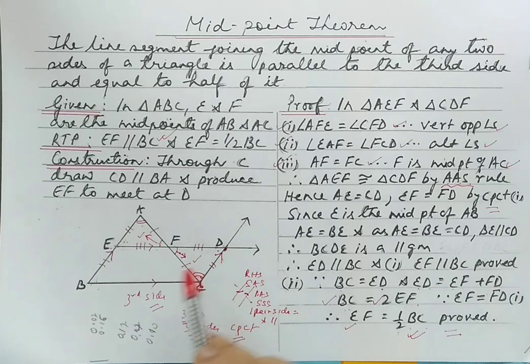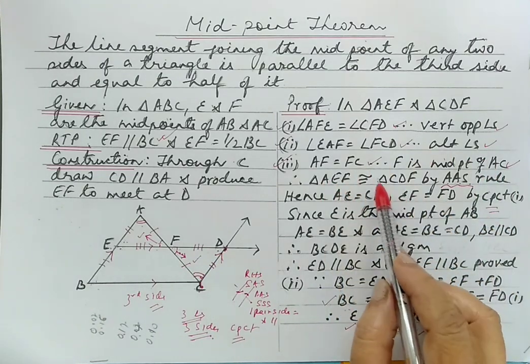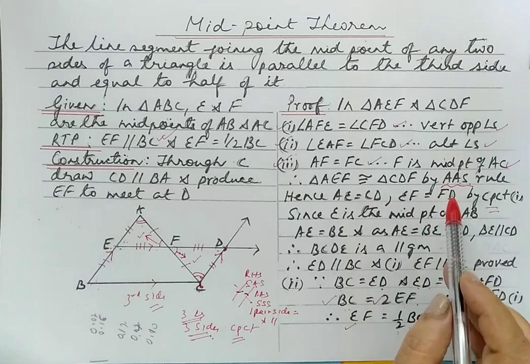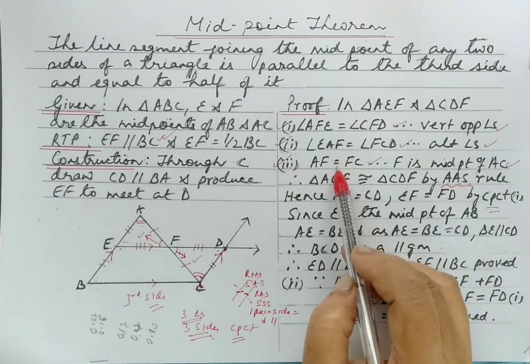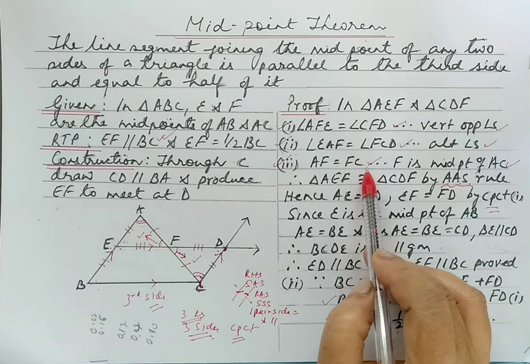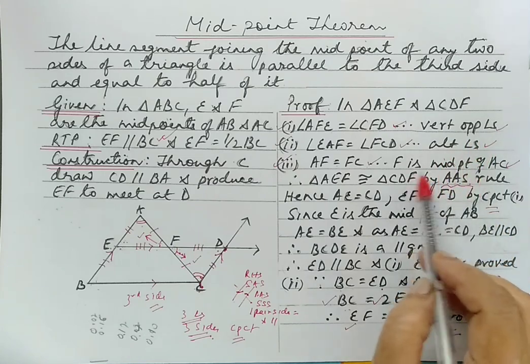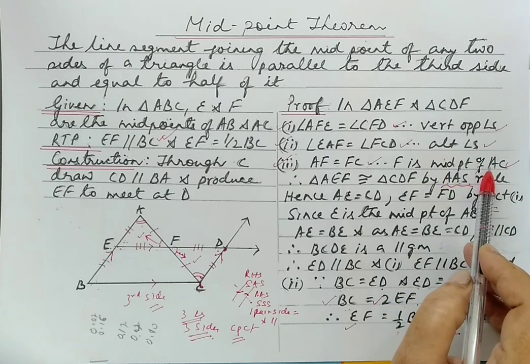Got it? And EF equals FD. You will get them all here when you go through them. So we have these elements, these are the statements that we have to write with their reasons. You have to write the reasons along with them.